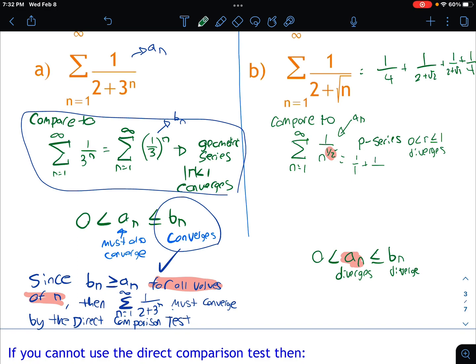Plus 1 over square root of 2. Larger. Plus 1 over root 3. Larger. Plus 1 over 2. Larger. So in this case, this is not going to work. This does not tell us anything. Does not work. So we need to compare it to something else.